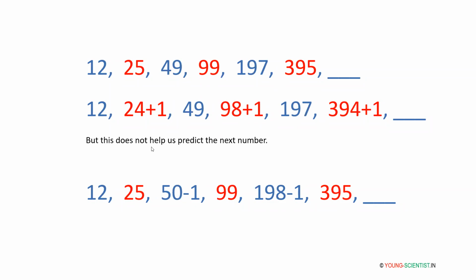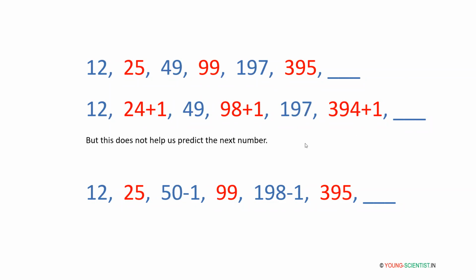And then you can see all the red numbers are actually the previous number times 2 plus 1. That's great. It's wonderful. You have a pattern, this relationship repeated 3 times. That's a strong case for this pattern. However, how do we use this information to find the missing number? It does not help us.